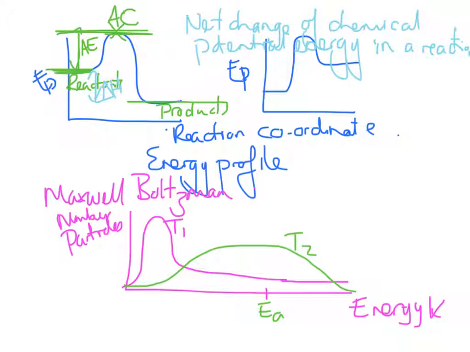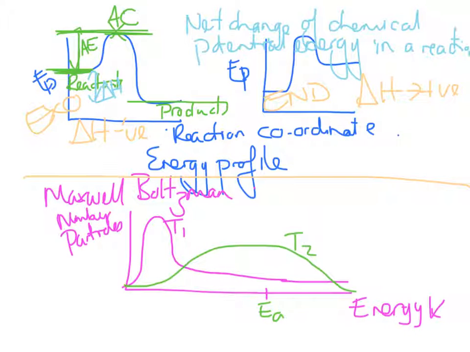Remember that your delta H value is going to be negative for an exothermic reaction, and that's for exo. And for an endothermic reaction, your delta H value is going to turn out to be a positive number. So that's your energy profiles. That's taking a look at energy changes in the reaction.